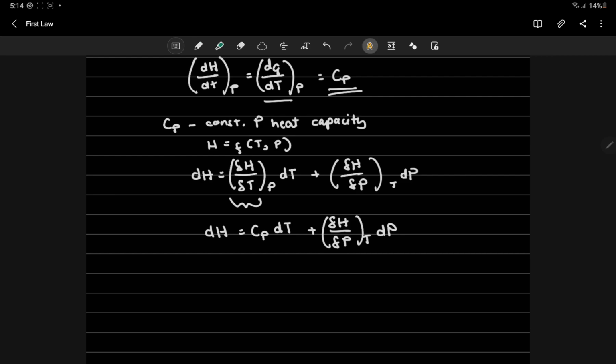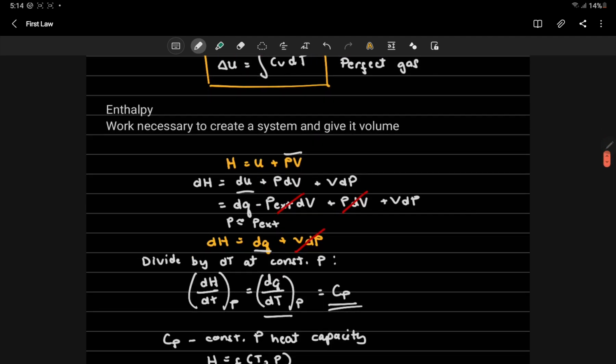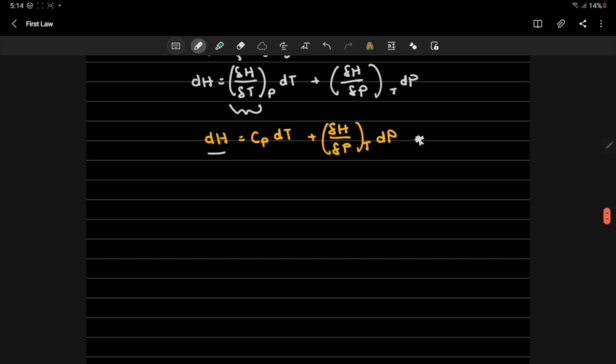So this will be our expression to calculate the change in enthalpy. Okay? So please remember this, or better, derive this equation. So you have two now: our change in enthalpy and our change in internal energy. But let's give it the same treatment. What happens when you have a perfect gas or ideal gas? For an ideal gas, the same with our enthalpy, it is approximately a function of temperature and not of pressure.